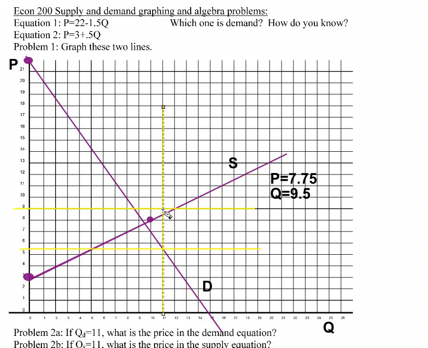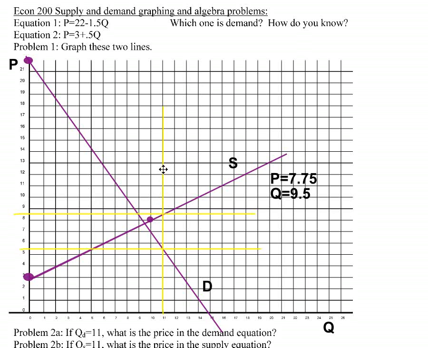However, on the other hand, if suppliers are selling 11 units, then the price they must be receiving for their product must be $8.50. And so there's a disconnect here. How is it that the price people are paying is $5.50 and they're getting 11 units, and at the same time the suppliers are receiving more money than the people are paying? Well, there are ways that this can happen sometimes, and we'll talk about those in a later lecture.